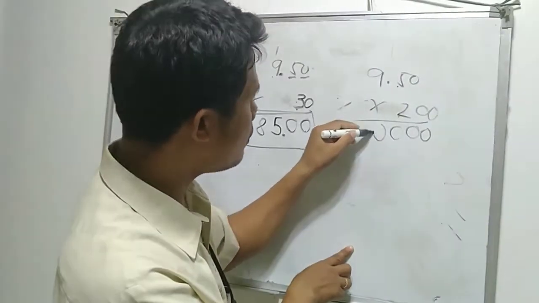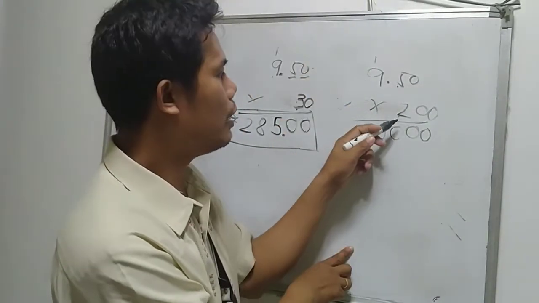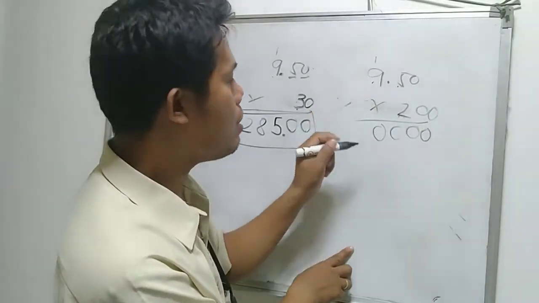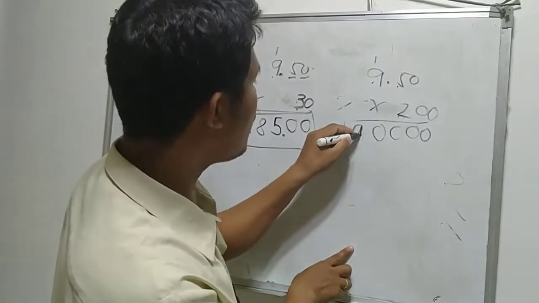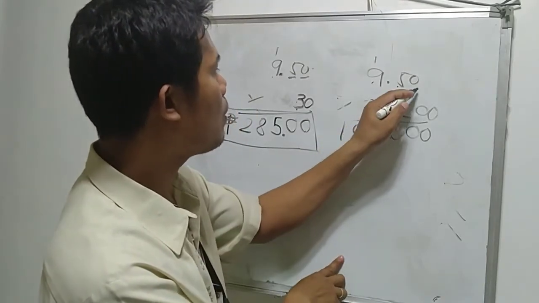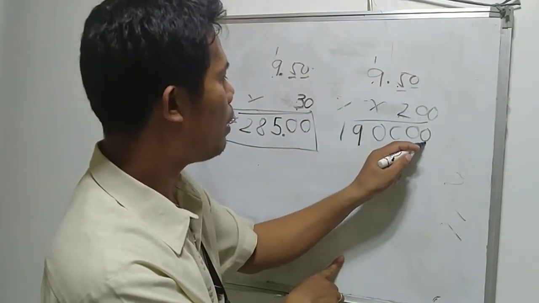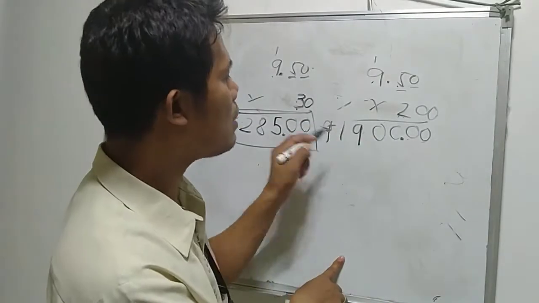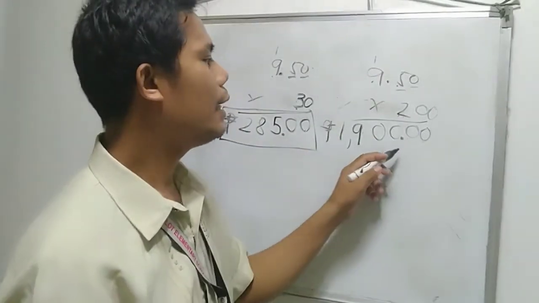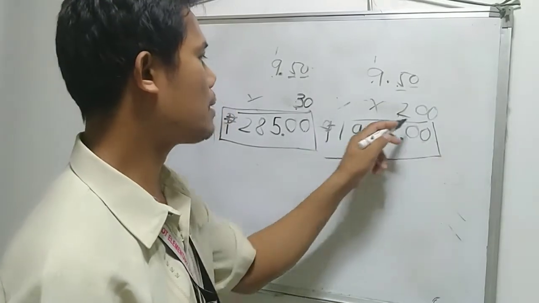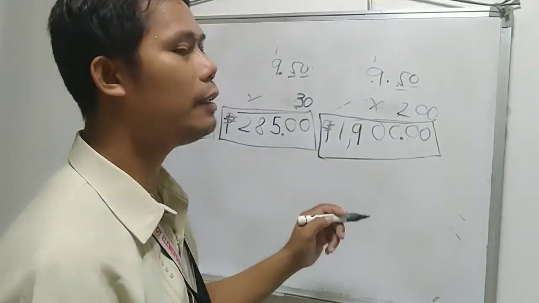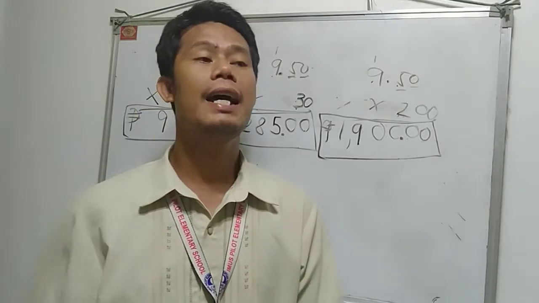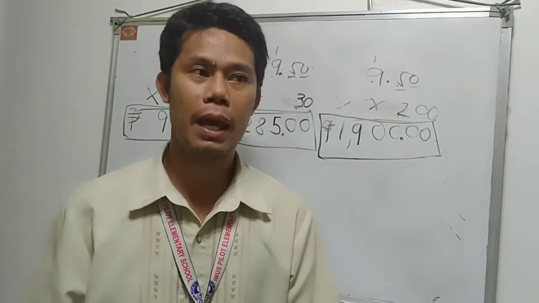So bring down 0, carry up 1. Then 2 times 9 equals 18, plus 1 equals 19. Again, we have 2 decimal places, 1, 2. Nandito yung decimal point. So that is why the answer is 1,900 pesos. So for 200 days, Justin can save 1,900 pesos.